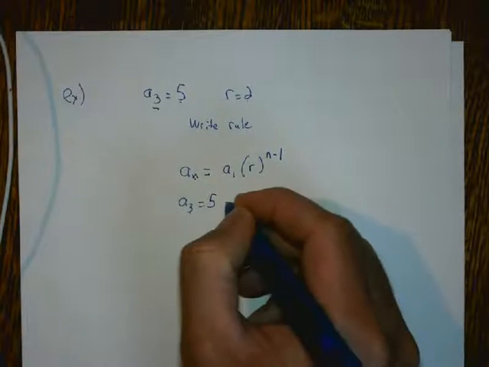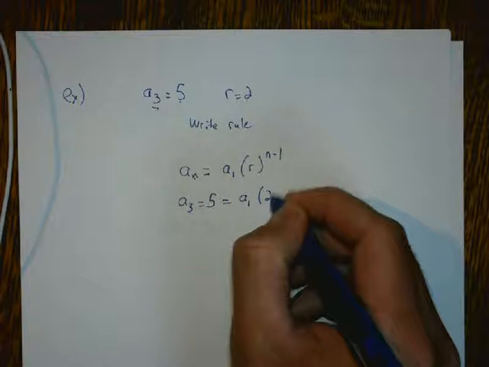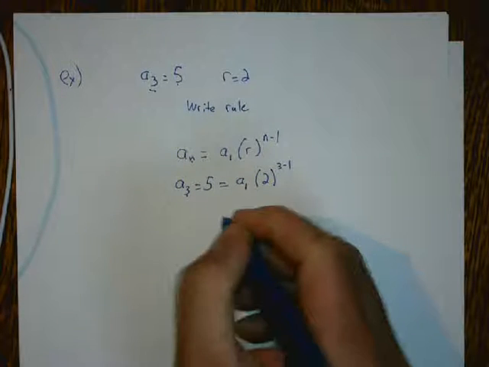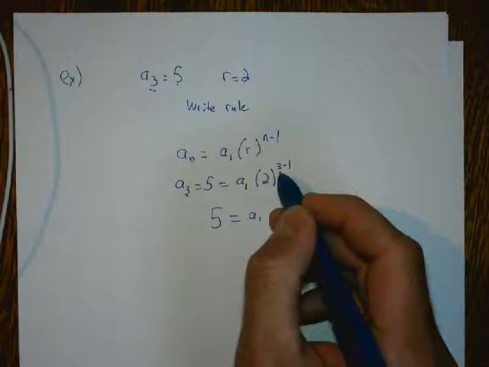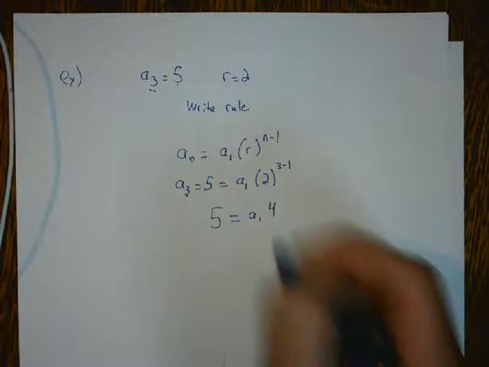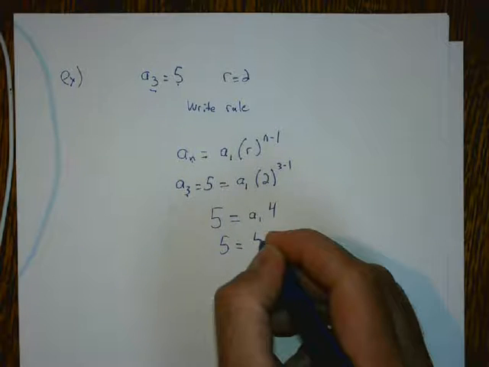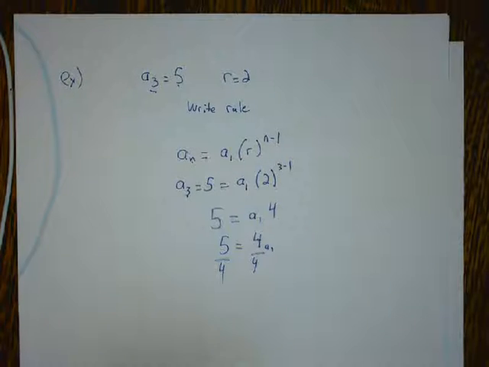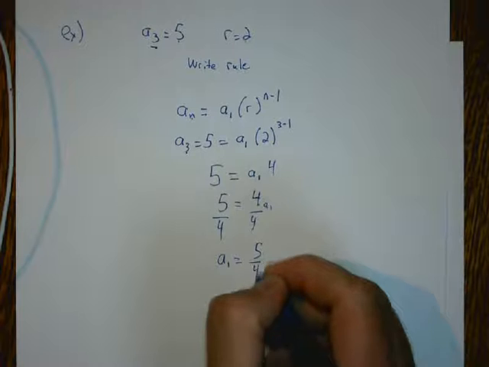So I can set that up to figure out what the first term is, because we know our rate is 2. And I get this. All right, so we know now that the 5 is first term times 2 squared, and 2 squared is 4. So another way you just rewrite this out is 4 times the first term. So you just divide by 4, which means your first term is 5/4.